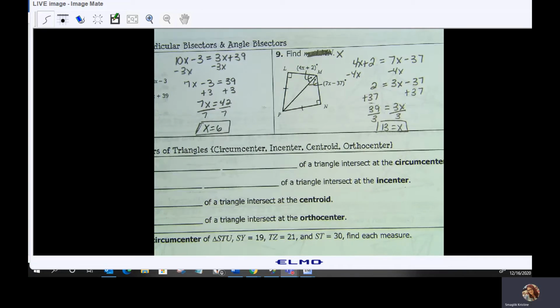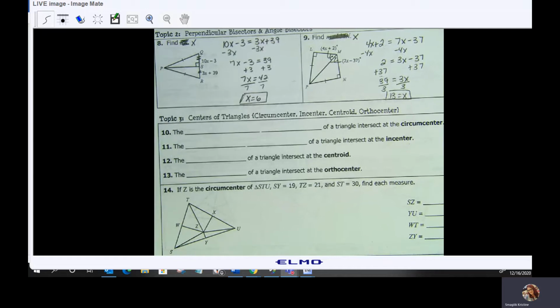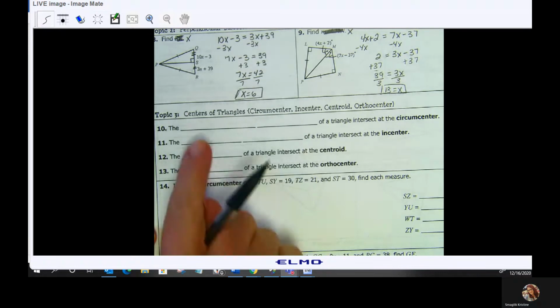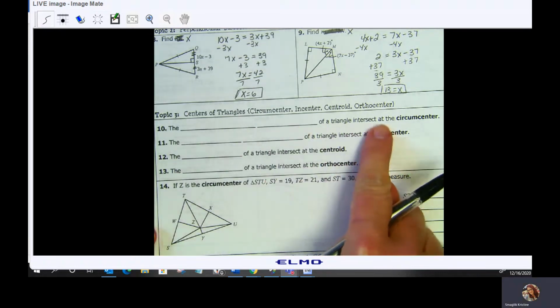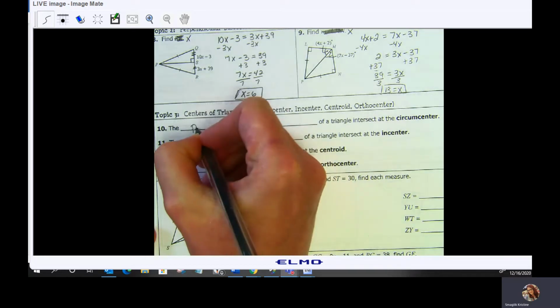And let's do a refresher. We need to know this information in order to do the next few problems. So, what if a triangle intersects at the circumcenter? Well, remember the circumcenter is a point of concurrency that is formed by perpendicular bisectors.